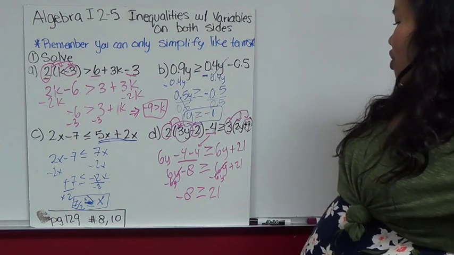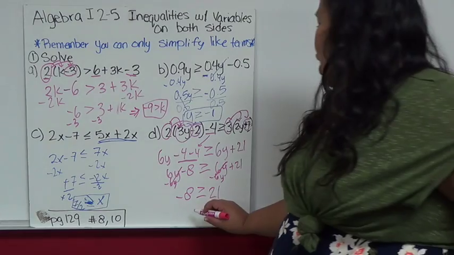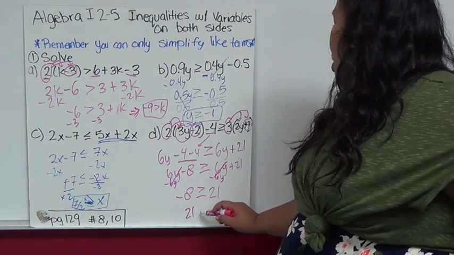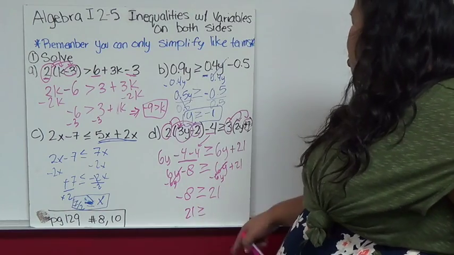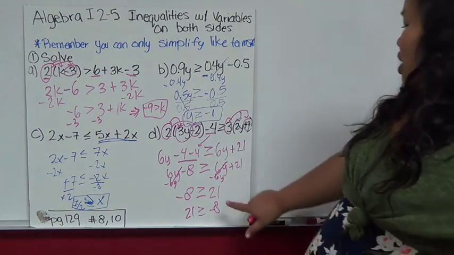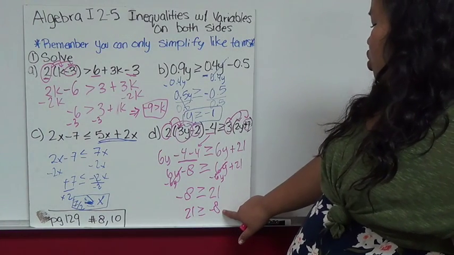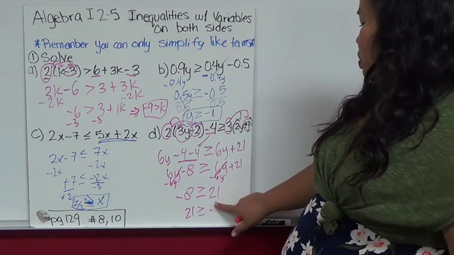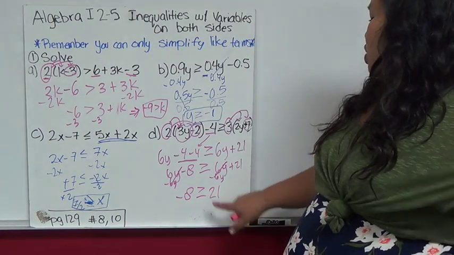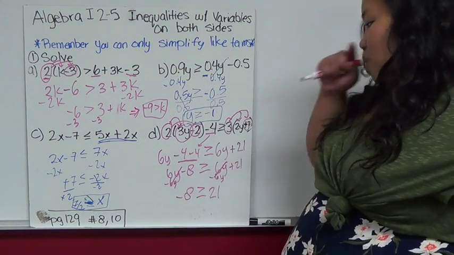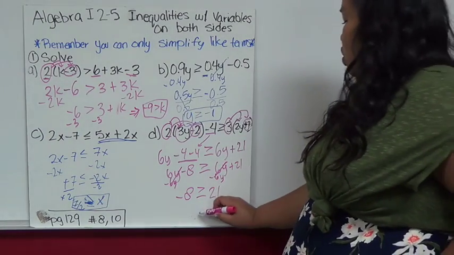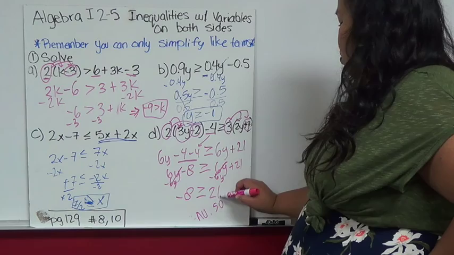Now, if it's the other way around, if I had 21 is greater than negative 8, then everything is true. No matter what I put in for y, it'll always be true. But in this case, because I end up with negative 8 is greater than or equal to 21, it doesn't matter what I put in for y, because it gets canceled out. This is never true, so I have no solution.